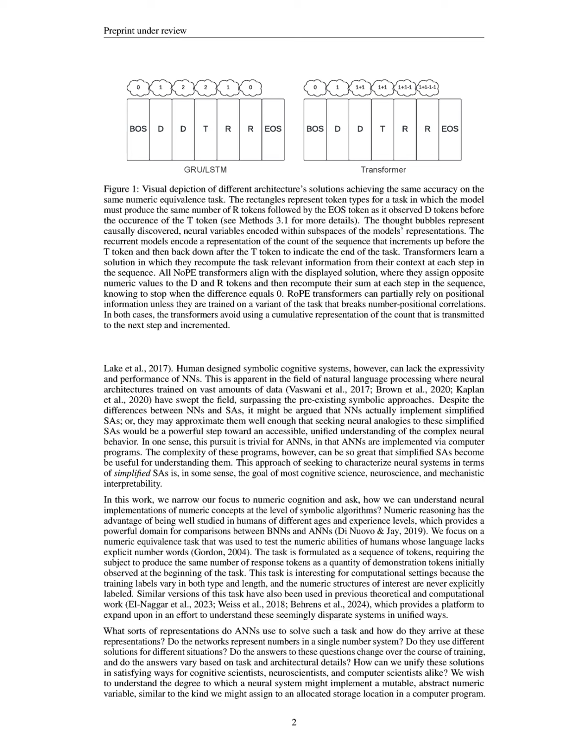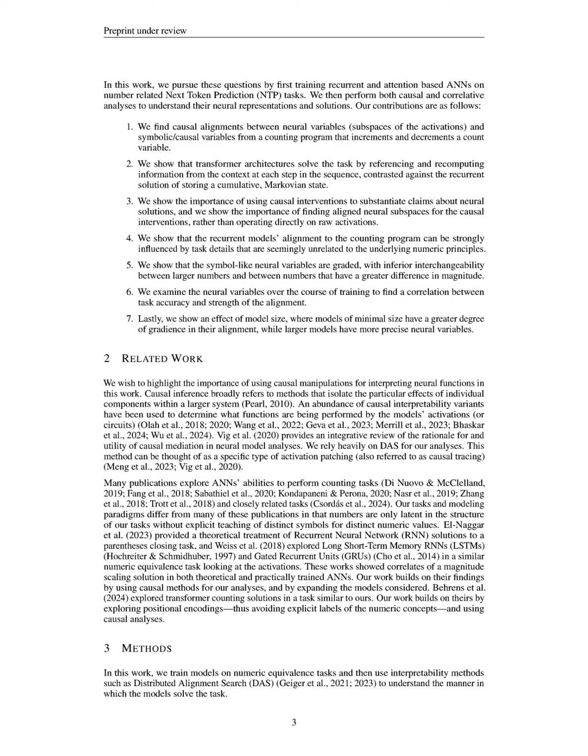In contrast, transformer architectures utilize a history of all input tokens at each time step, leveraging attention mechanisms to reference and recompute information from the context, which enables them to handle the sequences without relying on a cumulative count variable. The analysis of these models is further enhanced through distributed alignment search, DAS, which aligns the neural representations with symbolic algorithms to understand how the models solve the tasks.